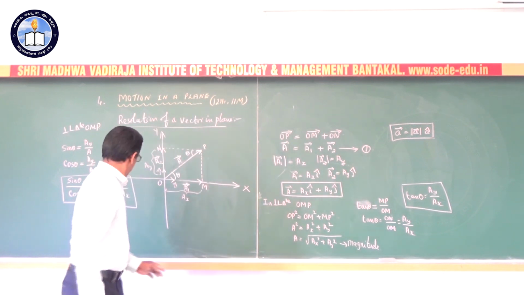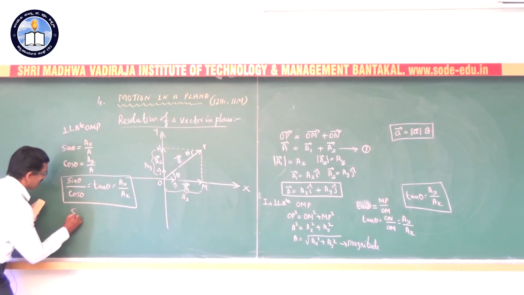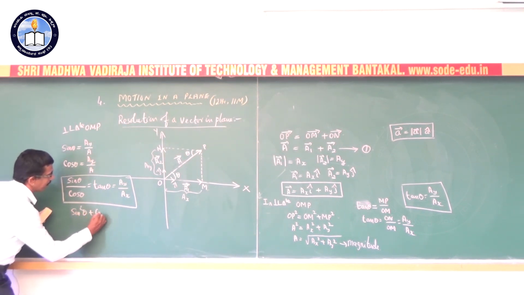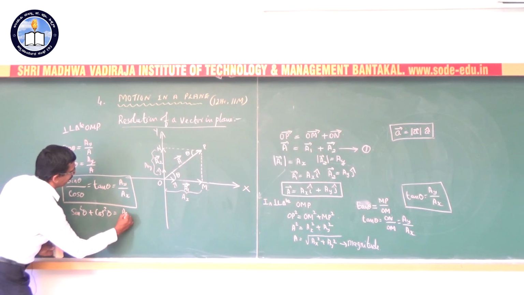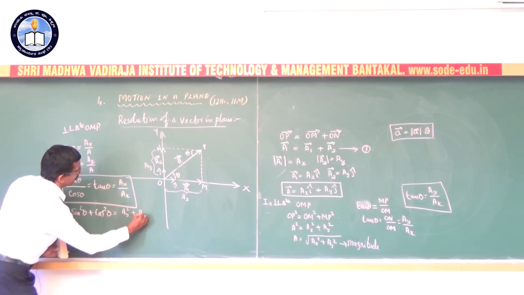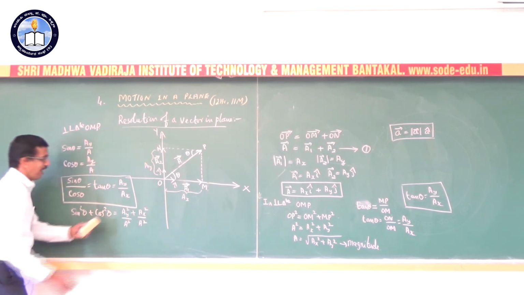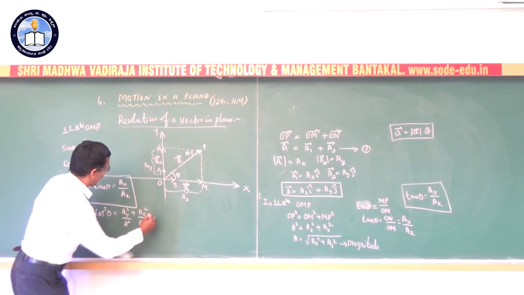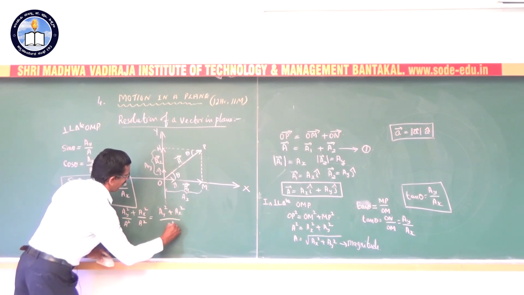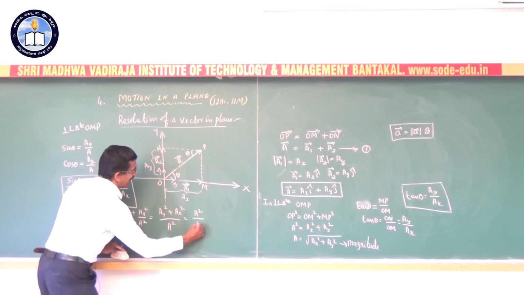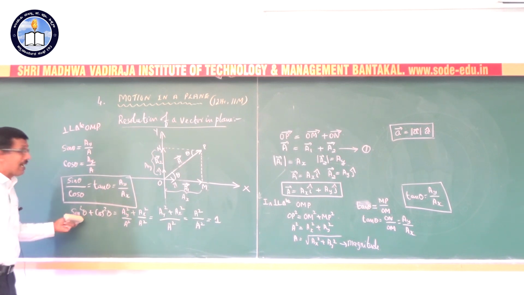Now, what is sin square theta plus cos square theta? Sin square theta plus cos square theta is nothing but AY square plus AX square divided by A square. Take common, which works out to be AY square plus AX square by A square, or A square by A square, which gives 1, which is our very important trigonometric identity.